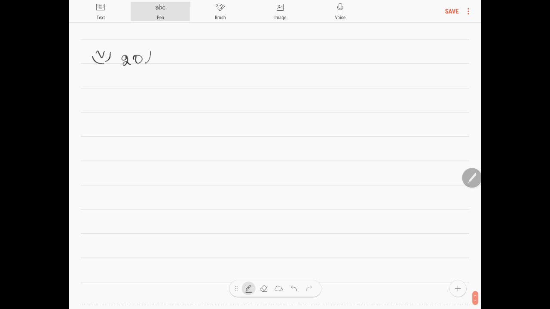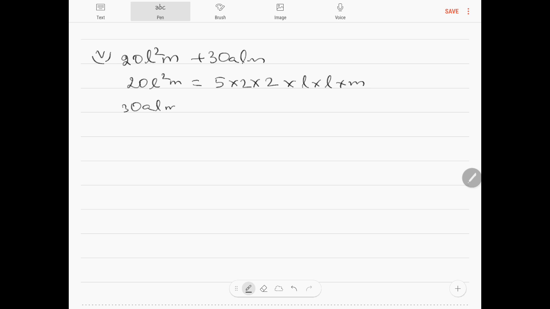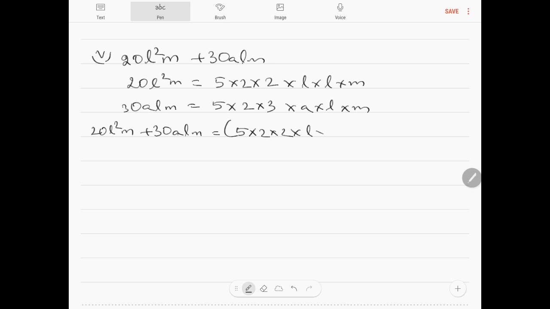Problem 5, 20l square m plus 30alm. 20l square m is 5 into 2 into 2 into l into l into m. 30alm is 5 into 2 into 3 into a into l into m. 20l square m plus 30alm will be equal to 5 into 2 into 2 into l into l into m plus 5 into 2 into 3 into a into l into m. 5 in common, 2 in common, l in common, m in common.